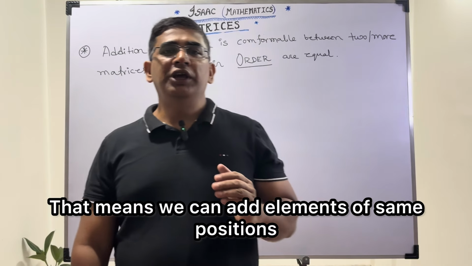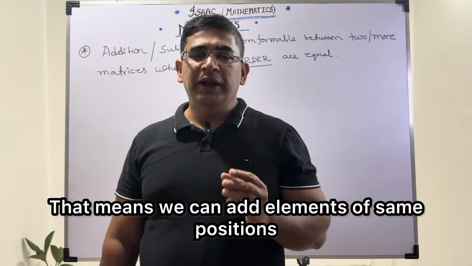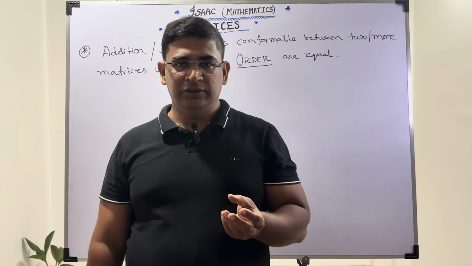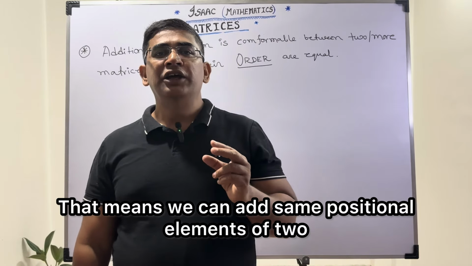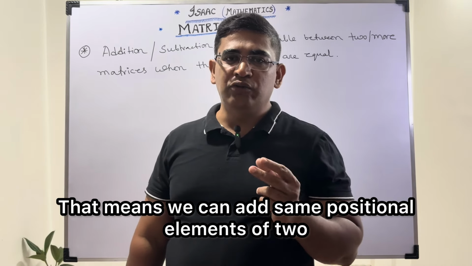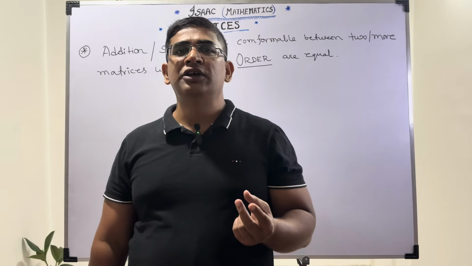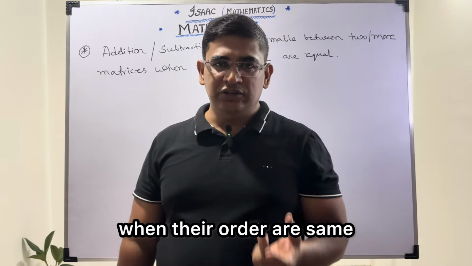That means we can add elements of the same positions. That means we can add same positional elements of two or more matrices when their order is the same. Okay.